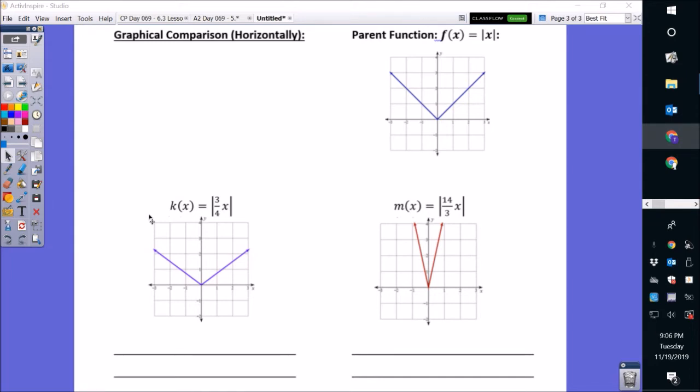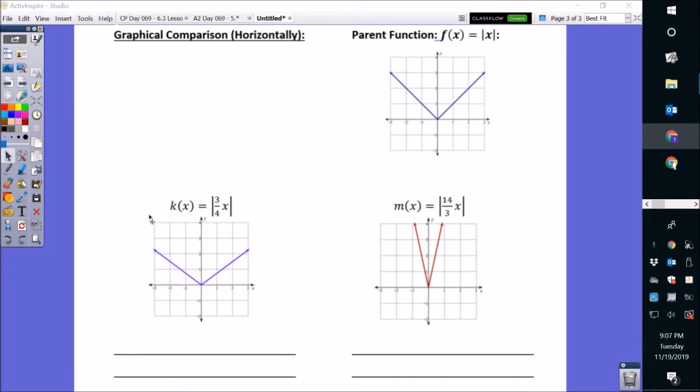So 3/4 is inside the absolute value and in front of x, so this is classified as horizontal dilation. Now 3/4 is equivalent to 0.75, so it's less than 1. So we're going to classify this as horizontal stretch.